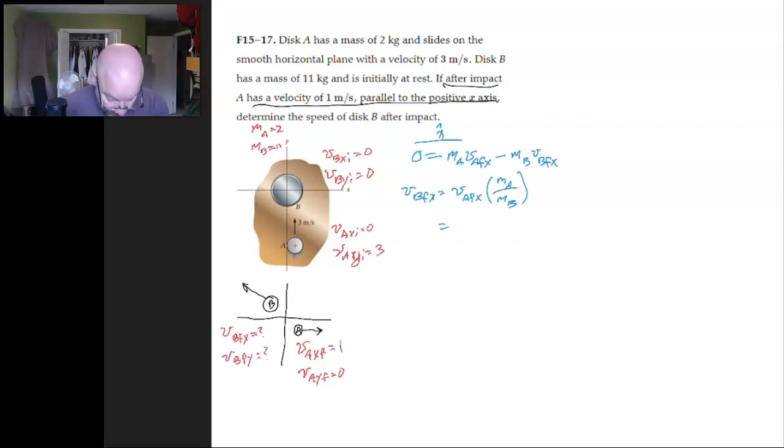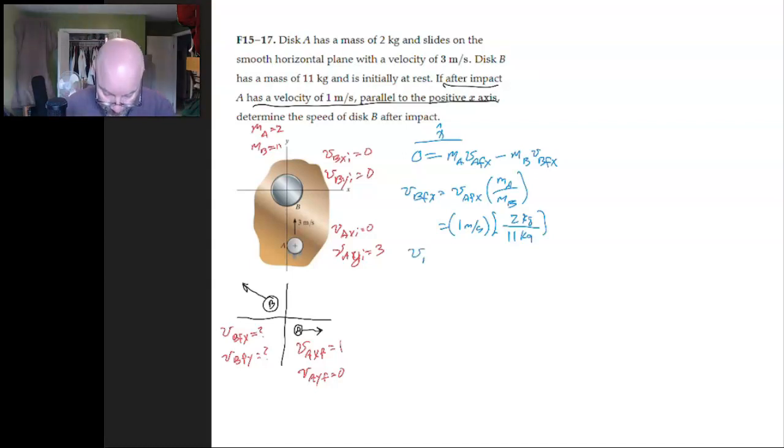VAX final is 1 meter per second. And MA we said was 2 kilograms. MB is 11 kilograms. Just like, why did they choose 11? Of all the numbers, there's an infinite number of numbers. You chose 11? Really? All right.